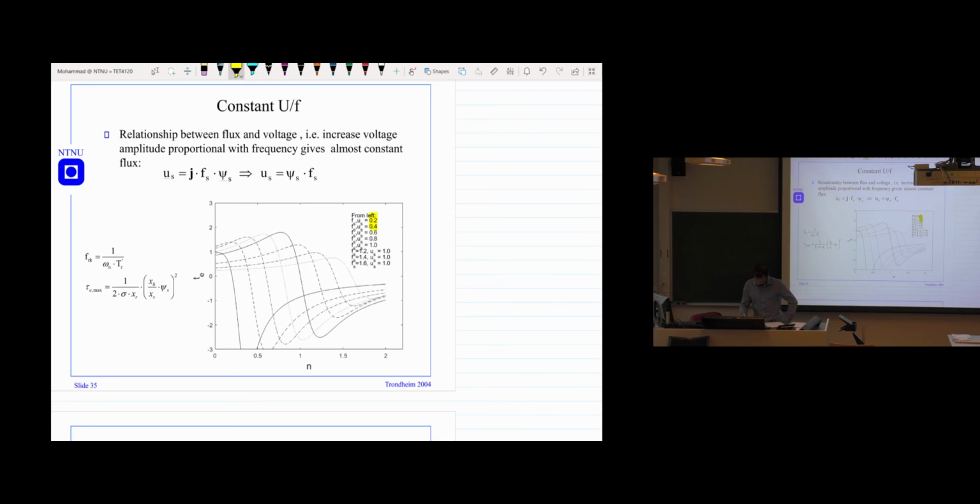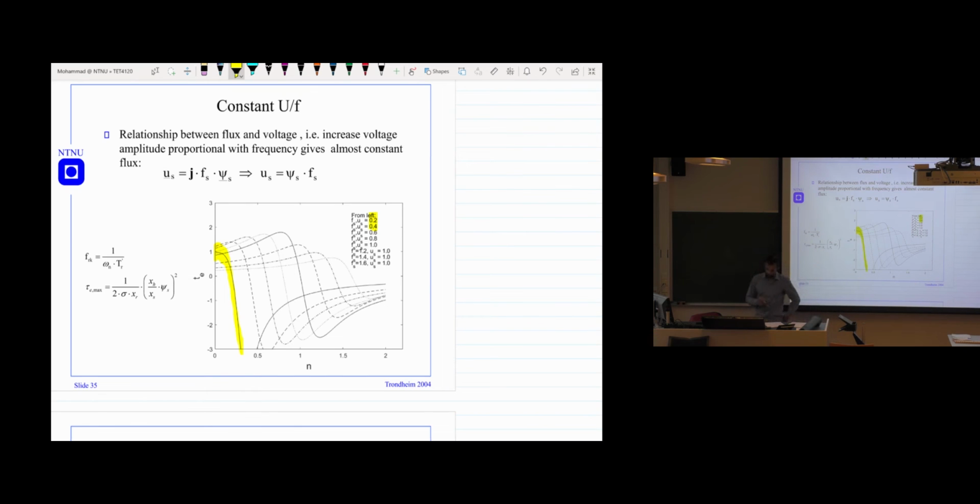Like here, you have the Fs ratio, 0.2, 0.4. When you have the low stator flux, you can see that the torque characteristic is this one. Because we have a lower stator flux, you can see that we get the pull-out torque here. And when we increase the stator flux, 0.2 to 0.4, then you got this one, and it's increasing.